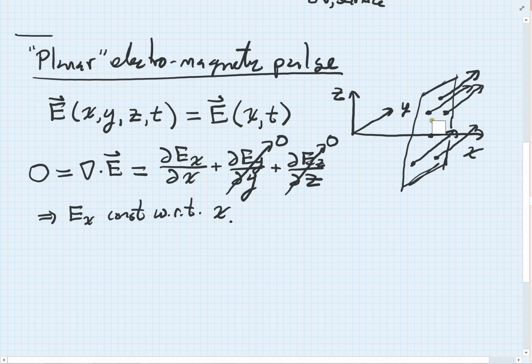That means whatever value it has, say at this particular location, is the same value it's going to have for any value of x, anywhere in here near the origin or over here to the right, or in fact anywhere off to positive infinity or off to negative infinity. It is exactly constant. So then I can tell you then that Ex with respect to x is constant.